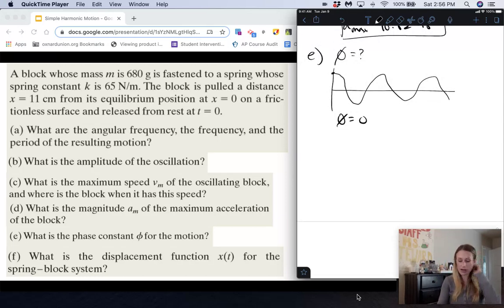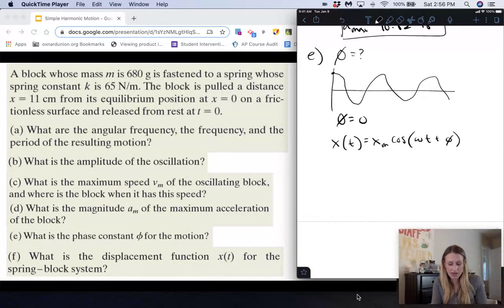Now we can actually prove this as well, because we know that our equation for position as a function of time is equal to amplitude times the cosine of omega times time plus that phase constant. Here, at time equals 0, we're pulling it back to that x maximum position.